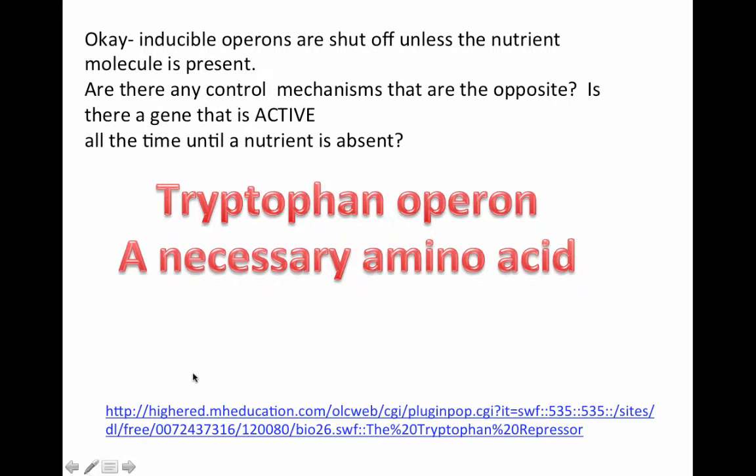I'm going to leave that for you to read. Your book goes into it a little bit. I'm not going to hold you responsible for the trp operon, but looking at it may help you understand the difference between something that's turned on when it's needed and something that's turned off when it's needed. I think it's valuable to look at.